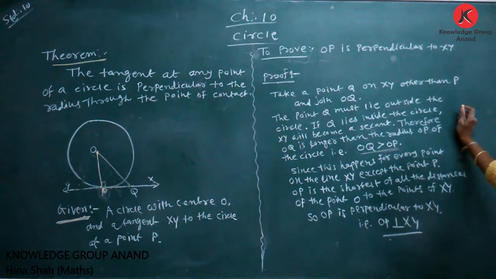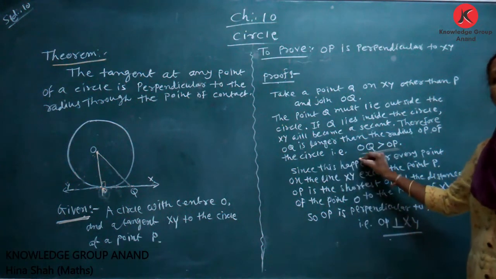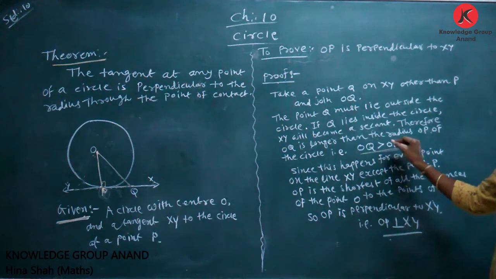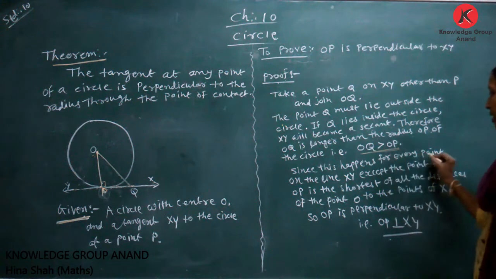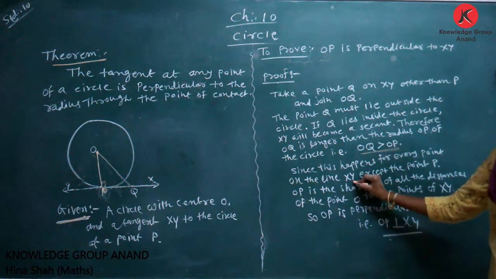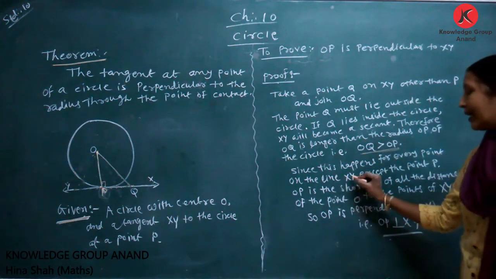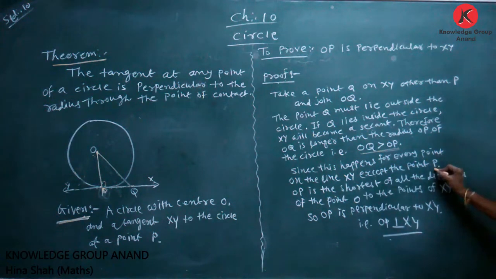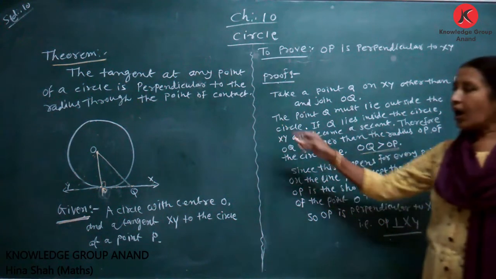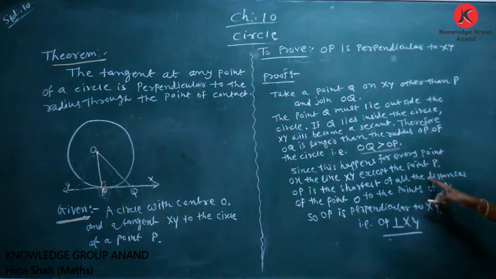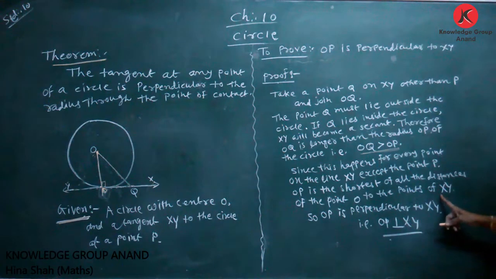OQ is longer than the radius OP of the circle, that is, OQ is greater than OP. Since this happens for every point on the line XY except the point P, OP is the shortest of all the distances of the point O to the points of XY.